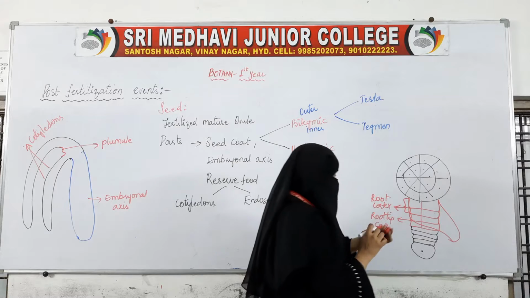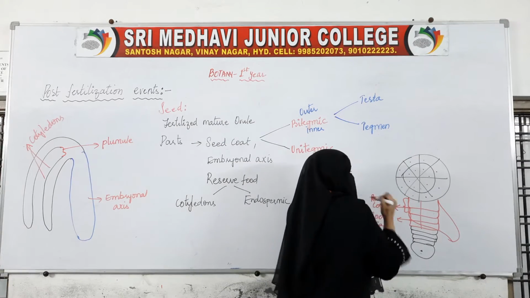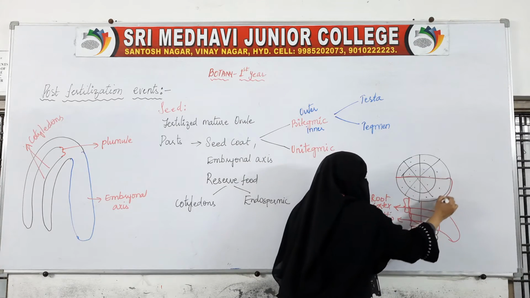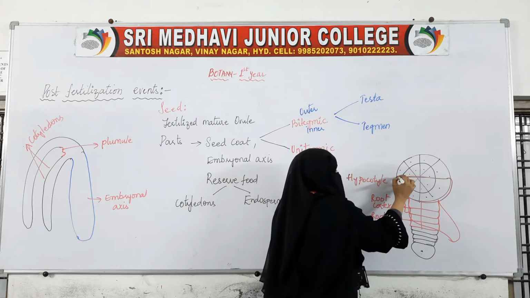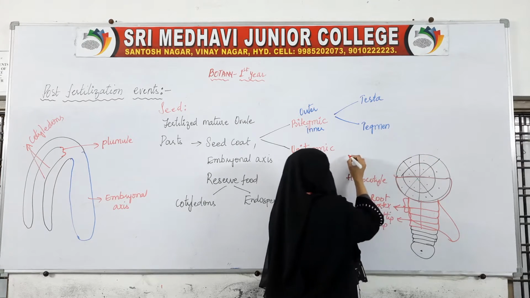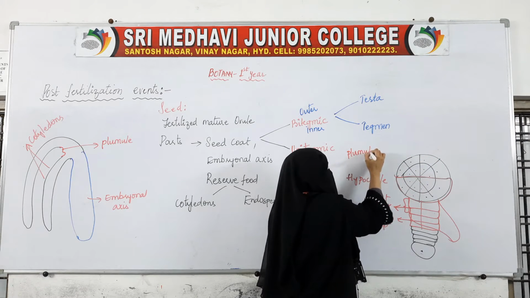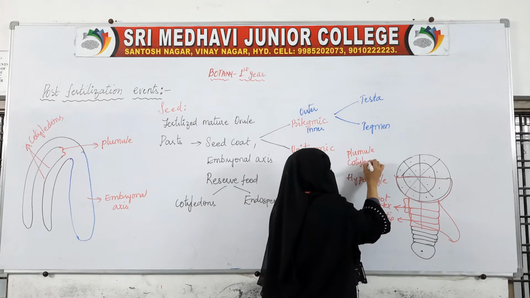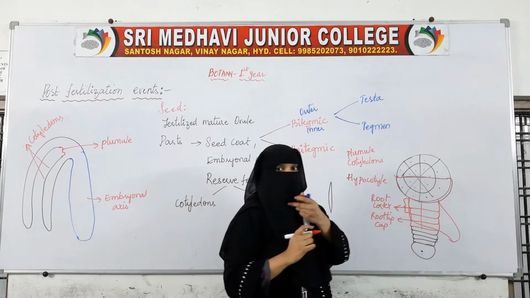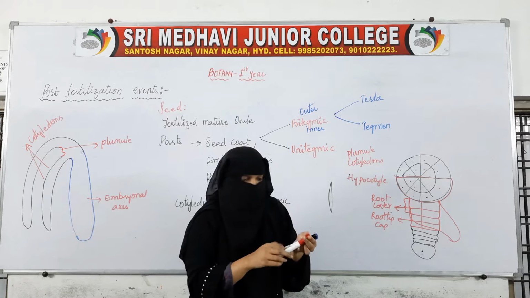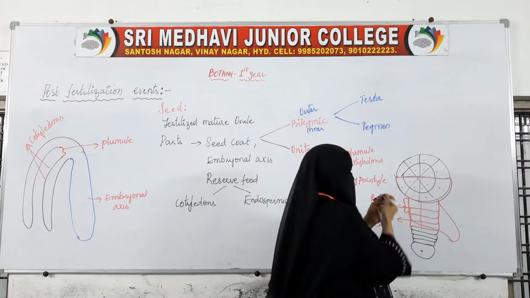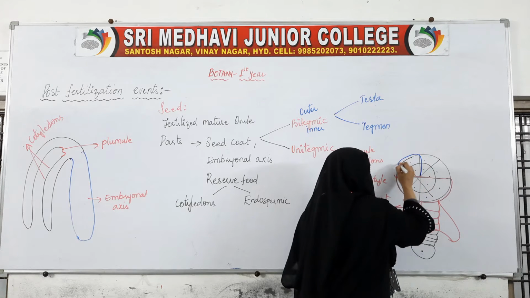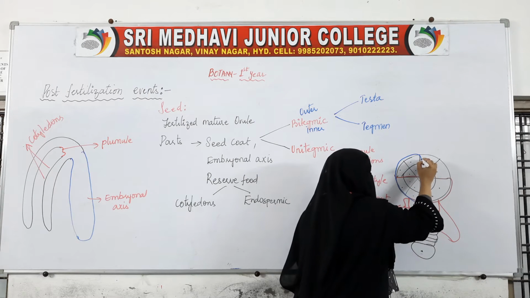And this part will form the hypocotyl, and the part above will form the plumule and cotyledons. So this globular embryo will change into a heart-shaped embryo.